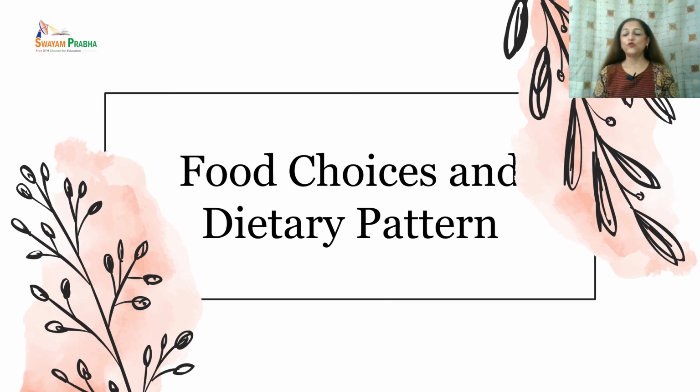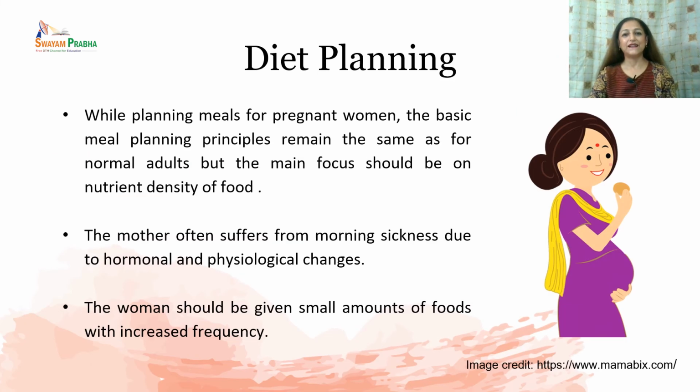Now this takes us to the next section of our lecture, that is healthy food choices and the dietary pattern during pregnancy. While planning meals for the pregnant woman, the basic meal planning principles remain the same as for all adults, but the main focus should be on the nutrient density of the food, that means the quality of the food. The mother often suffers from morning sickness due to hormonal and physiological changes.